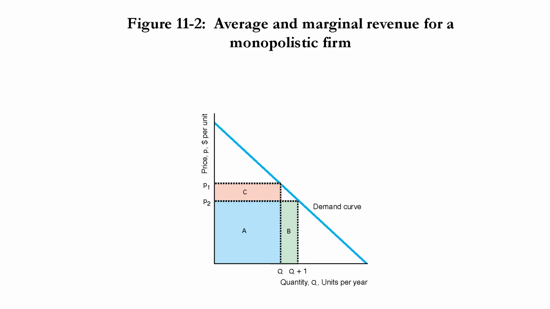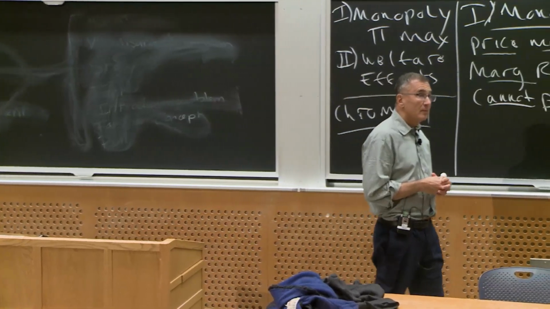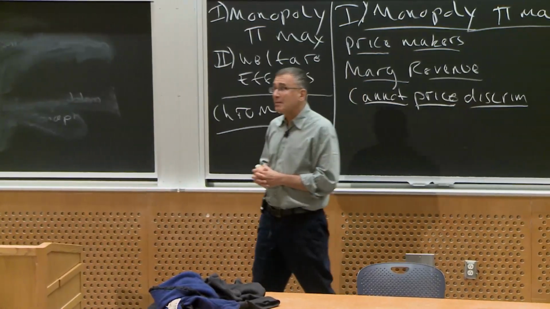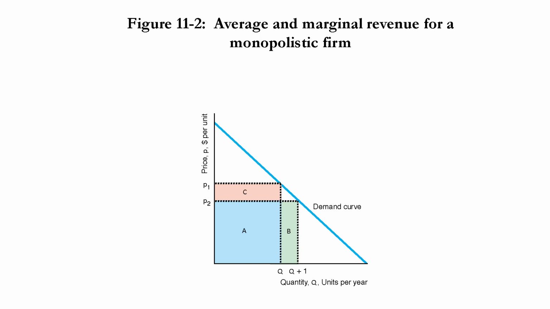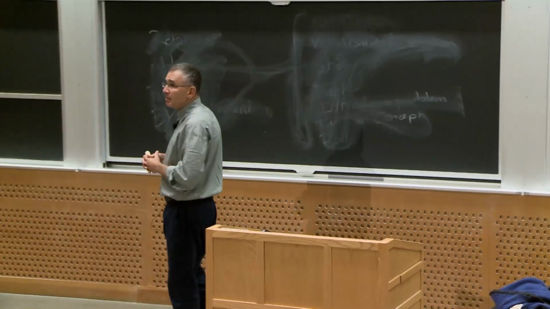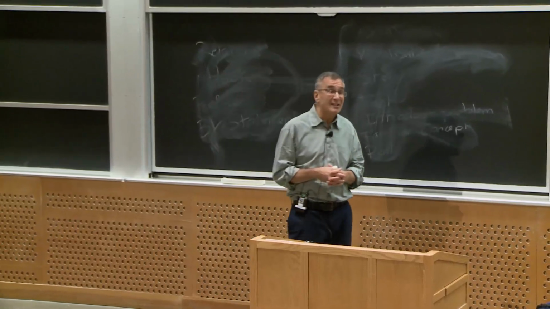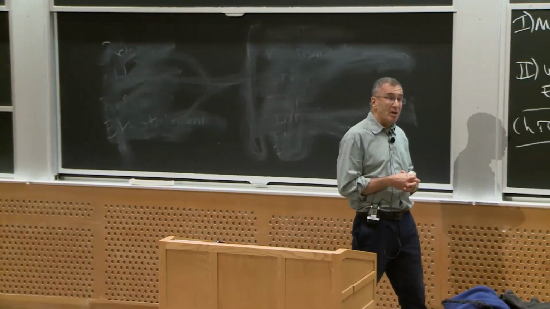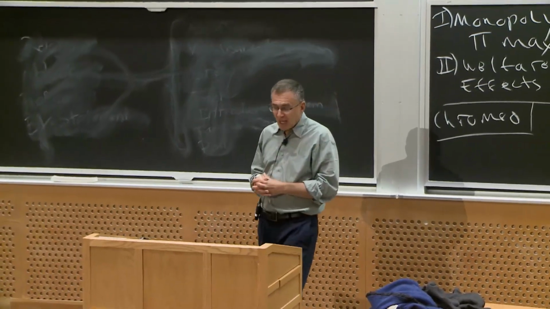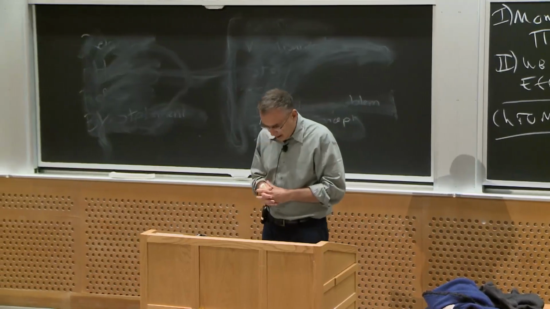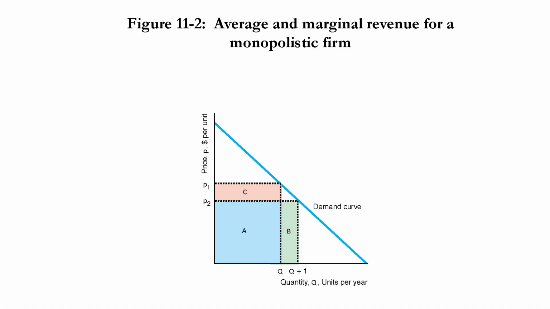So let's say that firm initially wants to sell Q1. I'm sorry, wants to sell Q. If it wants to sell Q, it has to respect demand. So if it wants to sell Q, it's going to set the price at P1. A price at P1 allows them to sell Q units. Remember, they get to set the price now. Now imagine they want to sell one more unit. What happens?